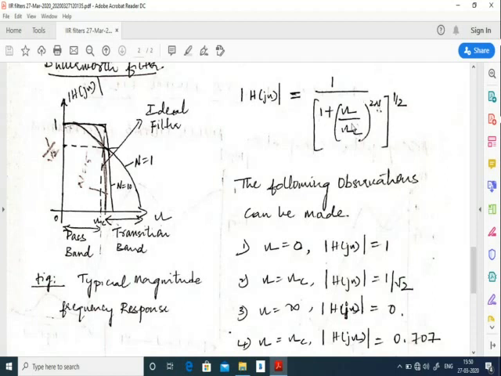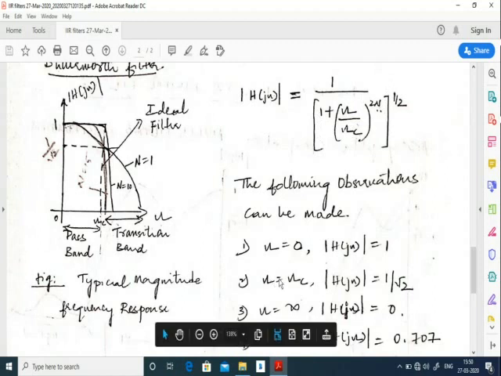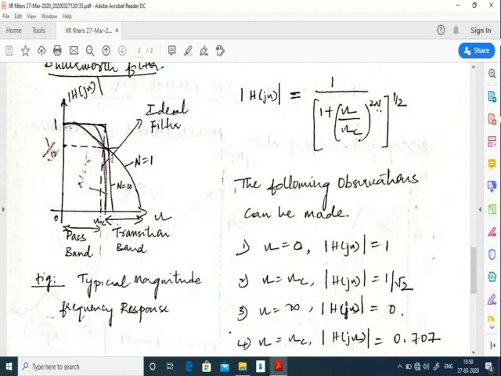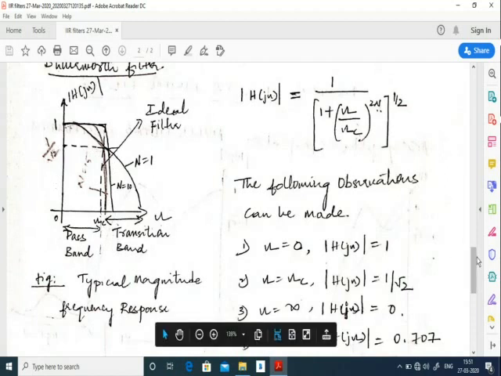So you have 1 plus 1, which is 2. 2 whole power 1 by 2 is nothing but 1 by root 2. So the second observation: when omega is equal to omega c, the magnitude of H of j omega is always equal to 1 by root 2. Shall we observe the same? See here, at omega equal to omega c, its magnitude is equal to 1 by root 2.